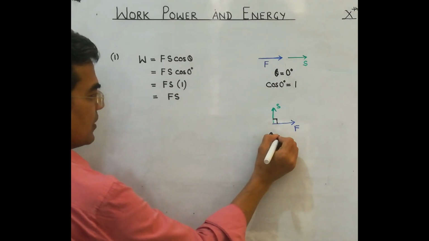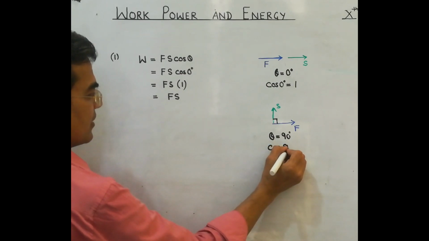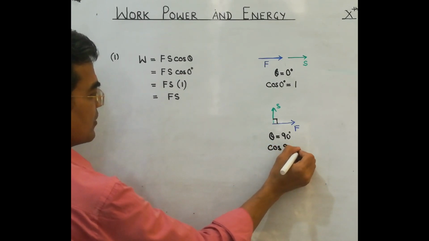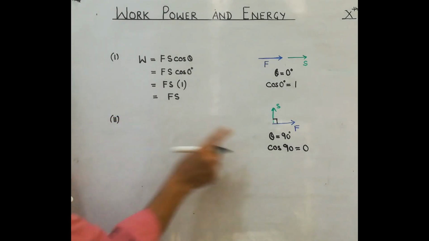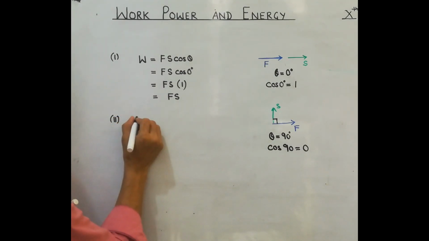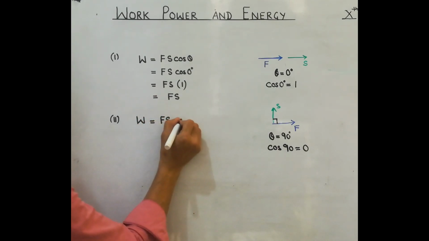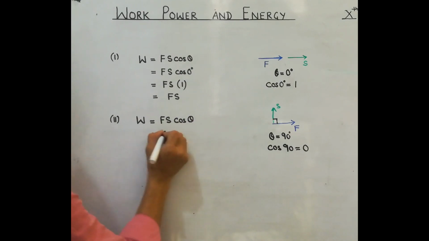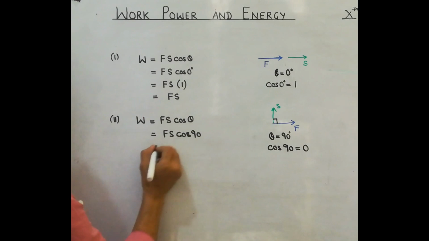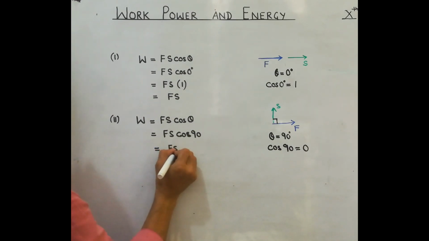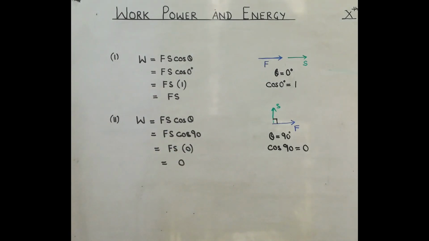If theta is equal to 90, then remember cos 90 is equal to 0. So let us calculate work done. When force and displacement both are perpendicular, work is equal to F S cos 90, so work done is 0.